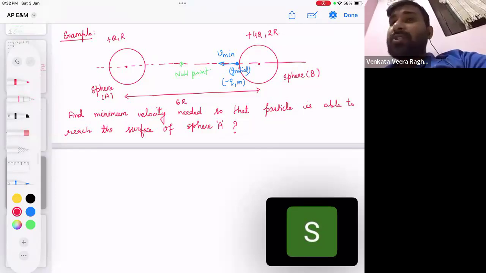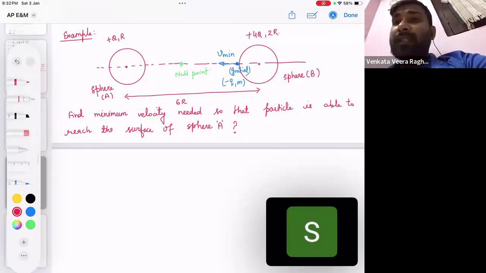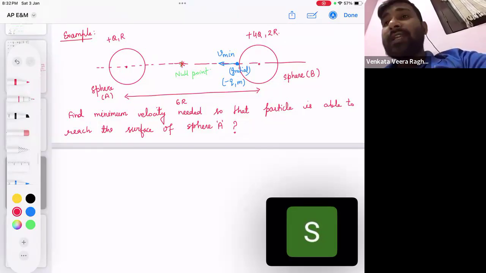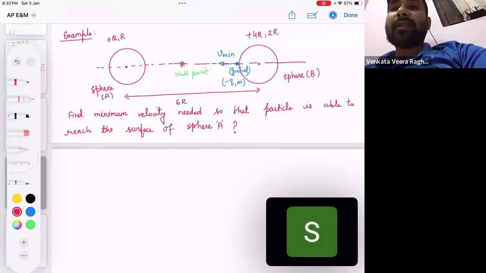So, right of the null point, the field due to sphere B is more, and left of the null point, sphere A is creating more field.